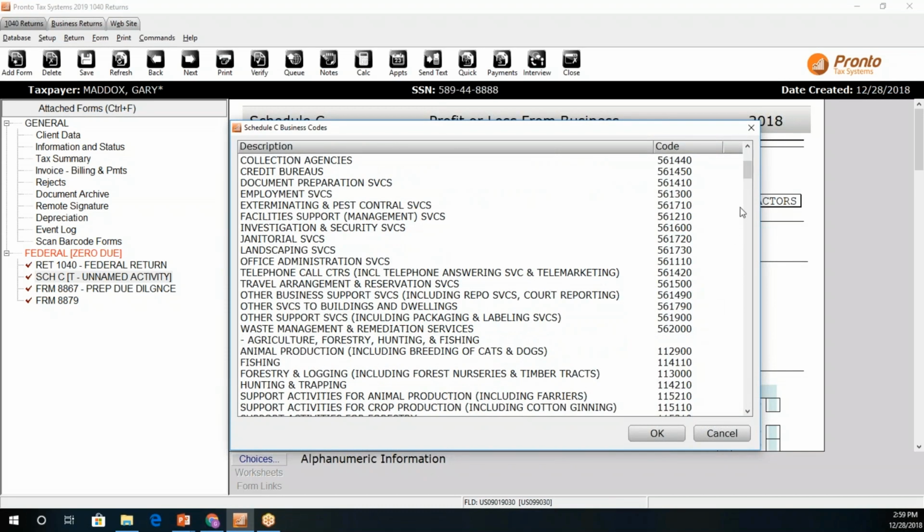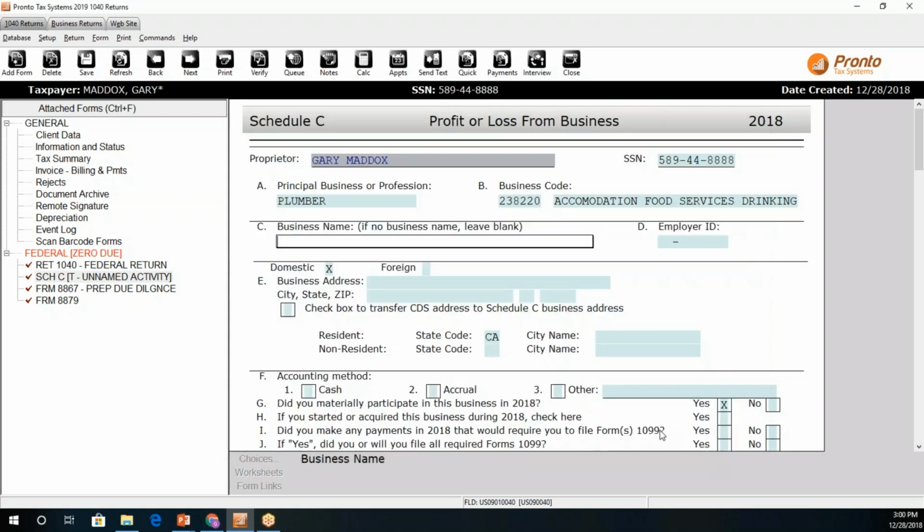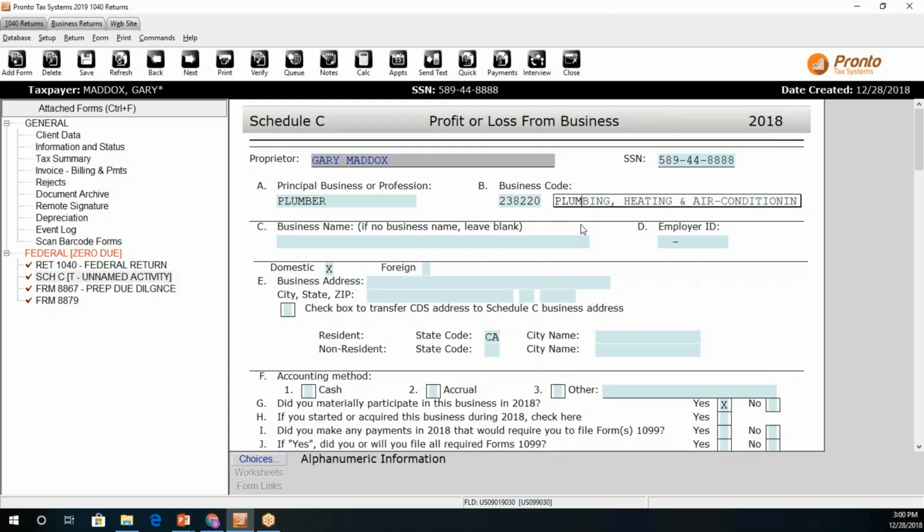There we go. Plumbing, heating, and air conditioning. 238220.